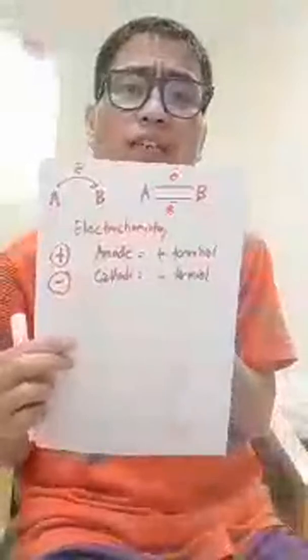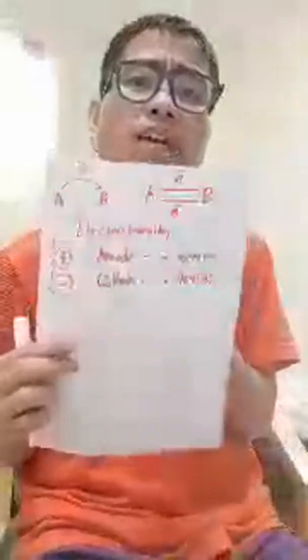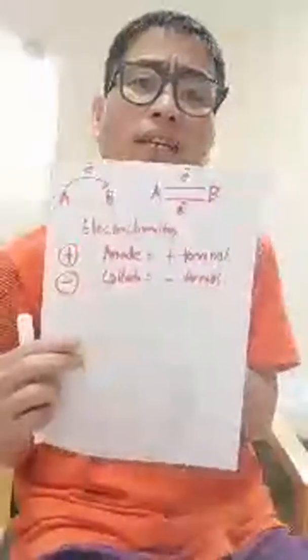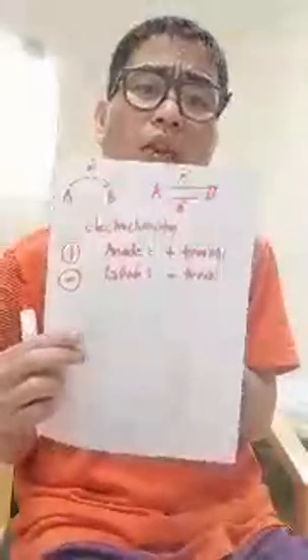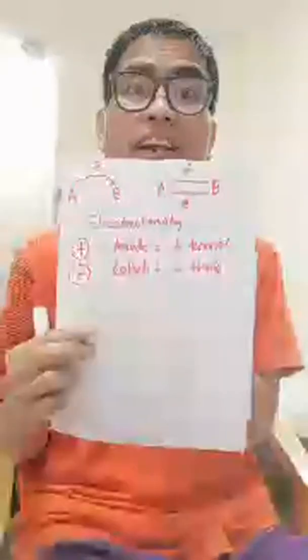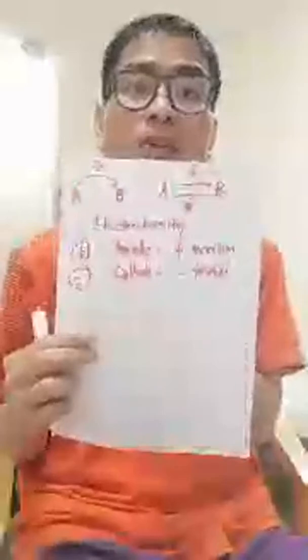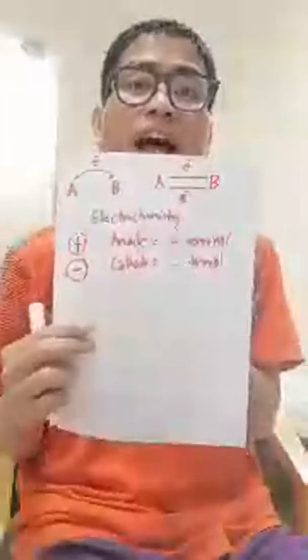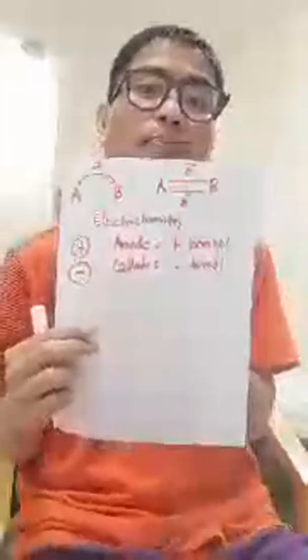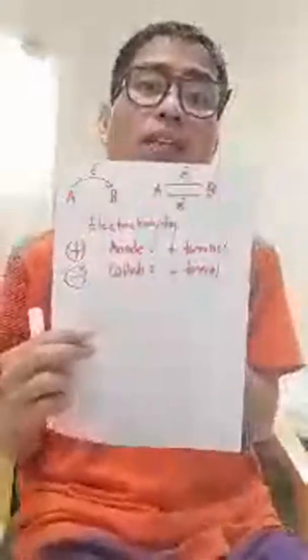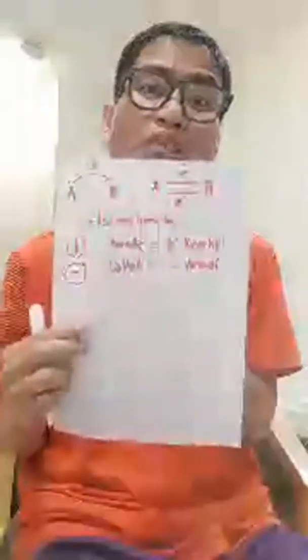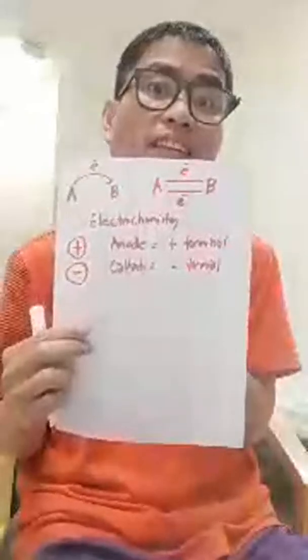Okay, anode is the positive terminal. Cathode is the negative terminal because the cathode is where it will always accept the electrons. So the substance there will become highly electronegative. That's why it's called the cathode. And the anode is the positive terminal because the substance there is being transferred the electrons, the more it becomes positive.